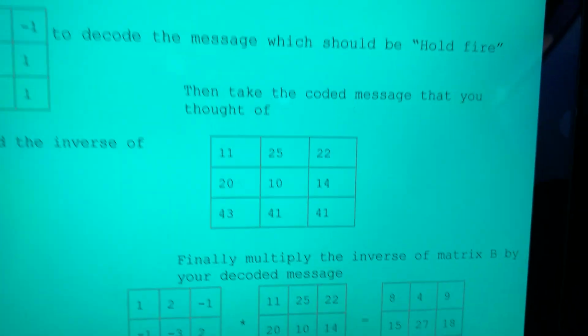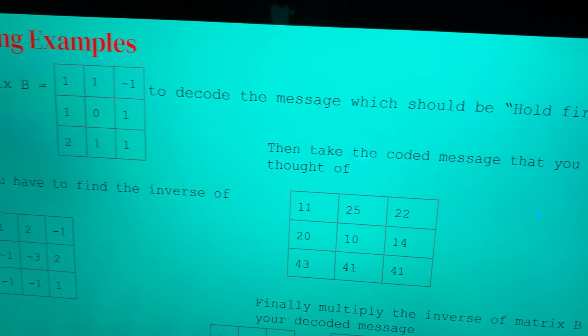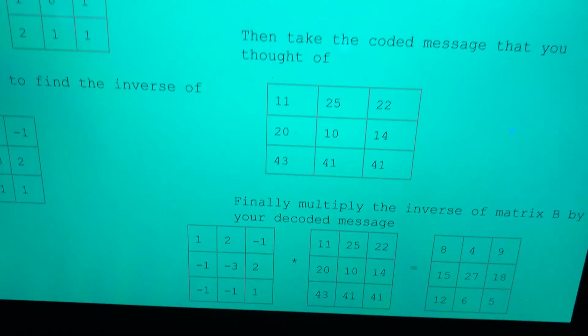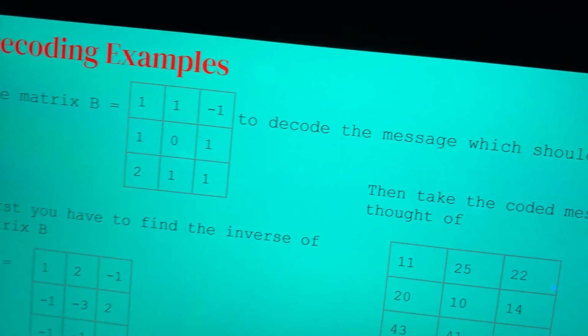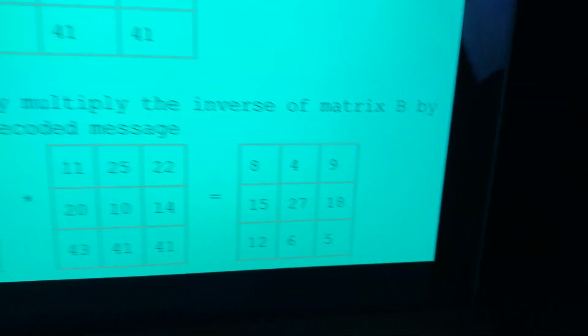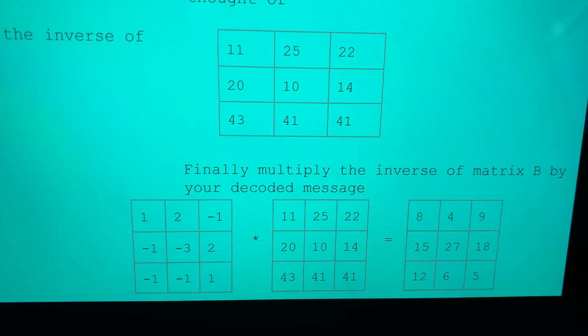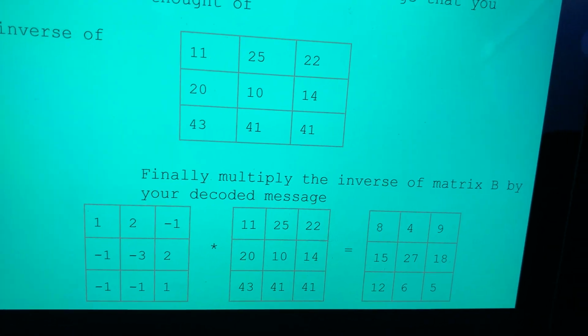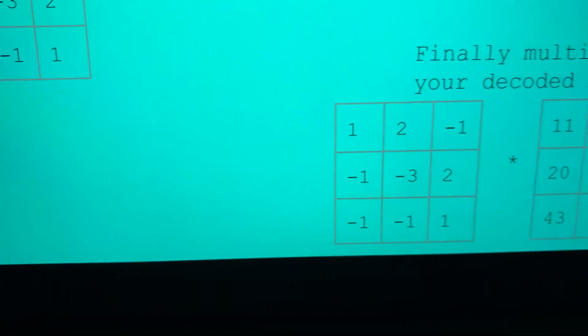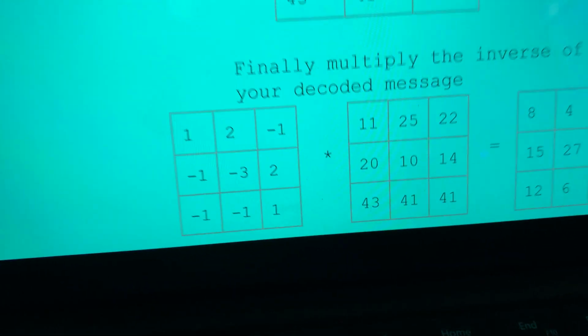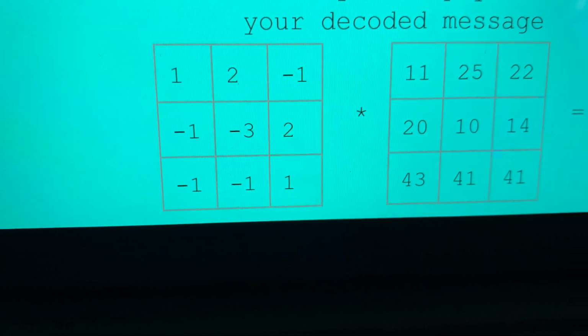And you can find this out by taking your matrix B and multiplying it by what hold fire should be, which is this number right here, and then it'll give you the starting number, which you would have to put in the middle. So finally, you're going to multiply the inverse of matrix B by your encoded message. So you have your matrix B to the negative first, and you have your encoded message here.